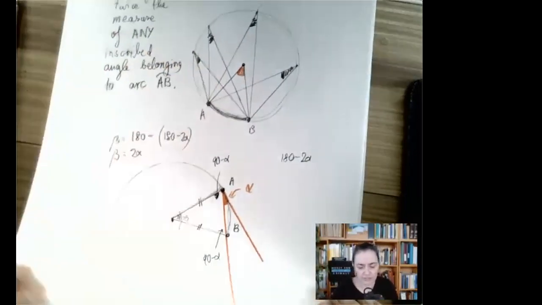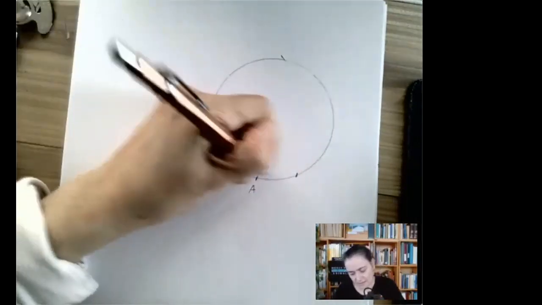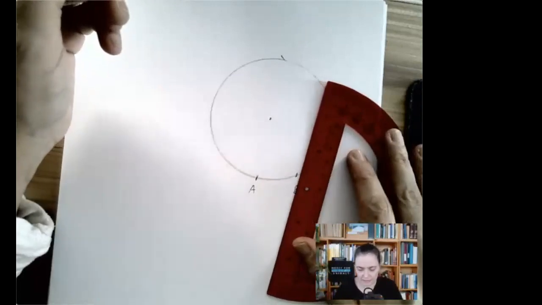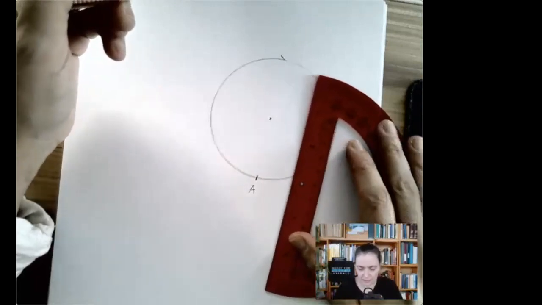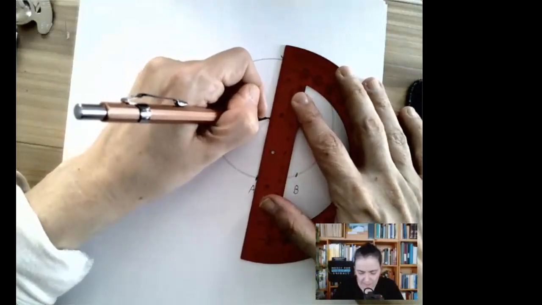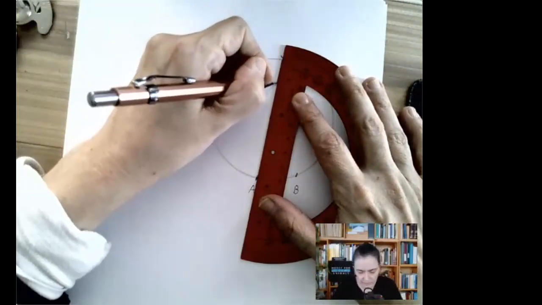So now for the general case, we're not going to do the whole thing. I'm just going to sort of give you the big picture. So let's pick an arc. It is arc AB. And then we're going to be a little bit circumspect about which inscribed angle to choose.